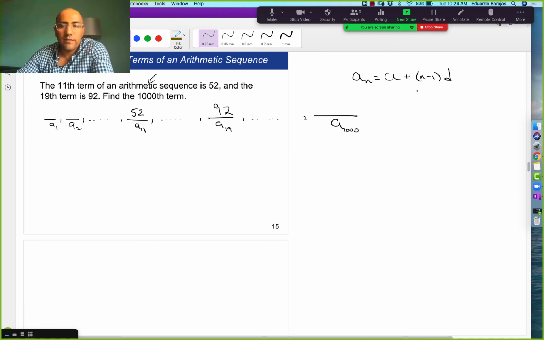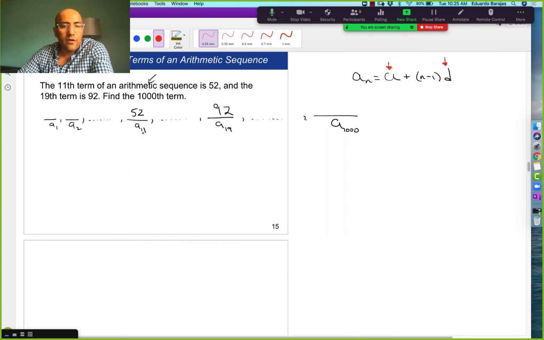So A sub 1 is the same thing as A. Our mission, if we choose to take it, is that we need to figure out what this is. If we can figure out what A is, and we can figure out what D is, we'll get our closed formula for it. And once we have our formula, we can come back over here and plug in n equals 1000, and we'll be able to get our results.